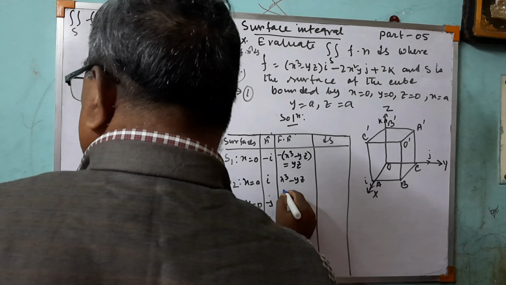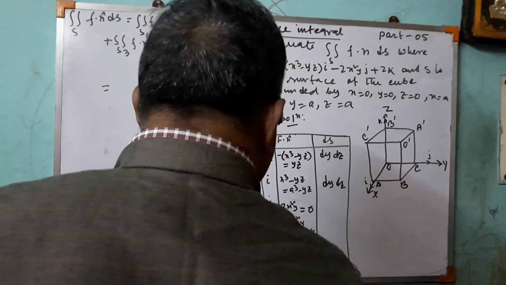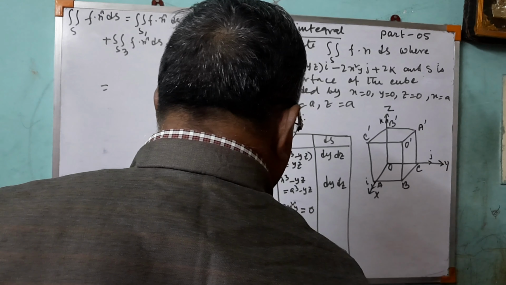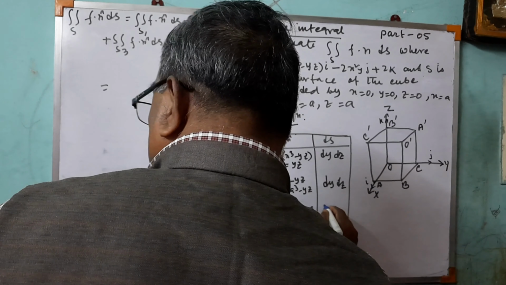This is dx dz, because here y equal to 0, y equal to a, dx dz. This is also dx dz, and this is dx dy, and this is also dx dy. You have to learn this table. Using this table, it will be easier for you.